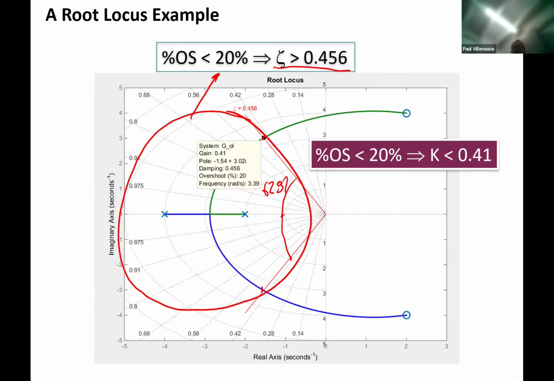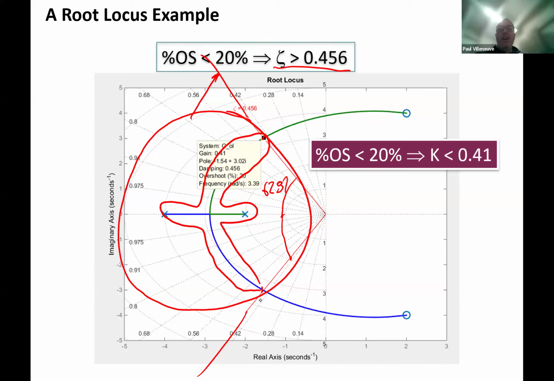So every point in this region, this is kind of our limit region here. Everything here to here to here to here meets our percent overshoot criteria. And that value of K, we can go ahead and solve for.